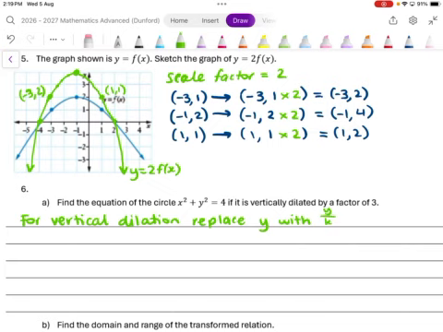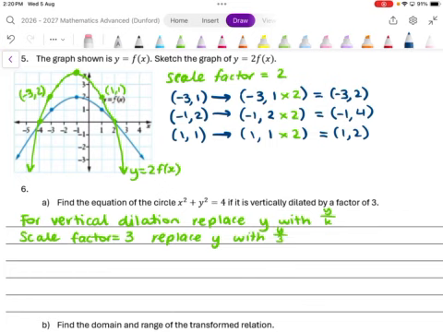So we have our scale factor equals, what's our scale factor for this one? 3. So our scale factor is 3. So we're going to replace y with y on 3.